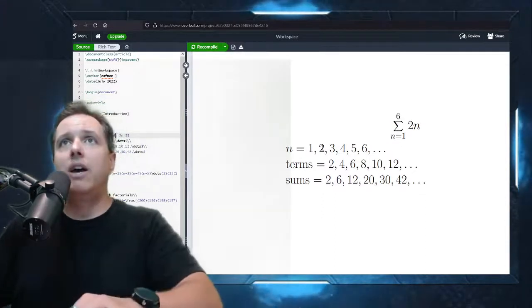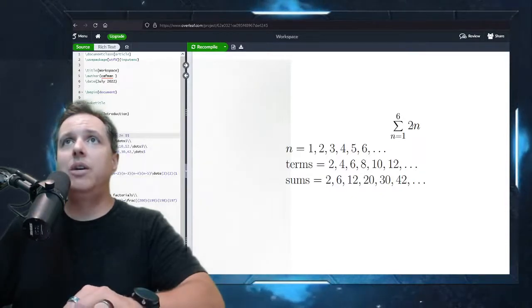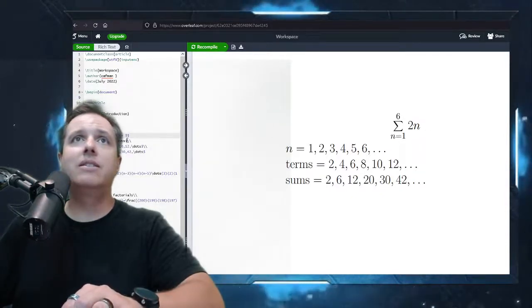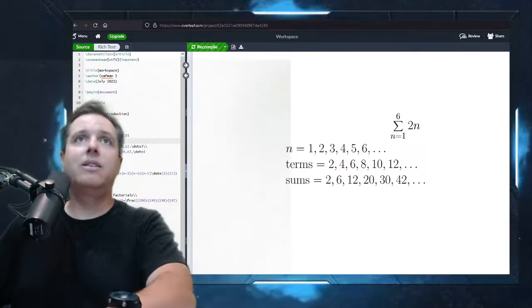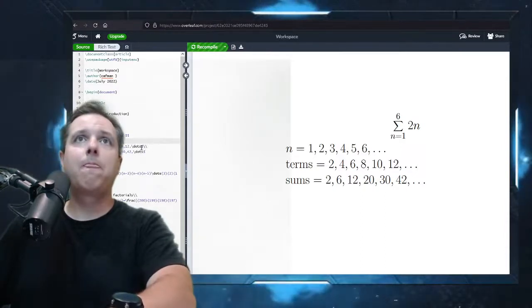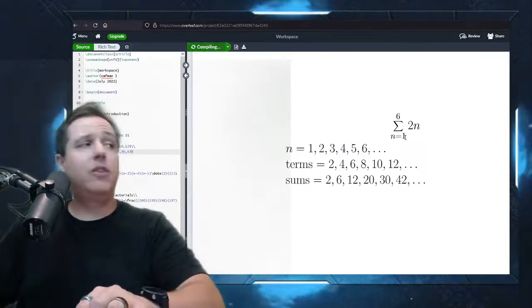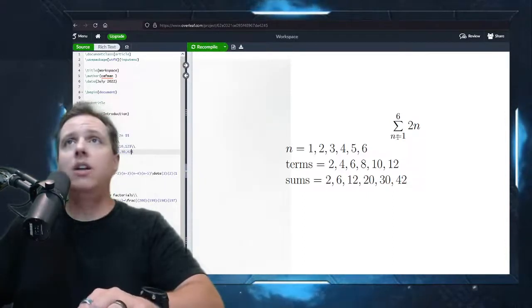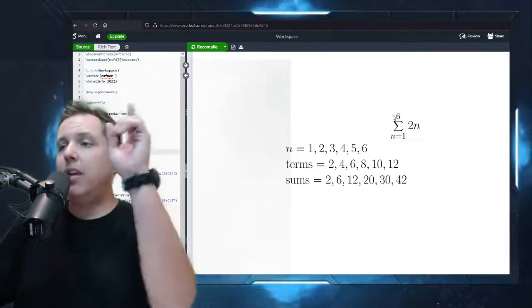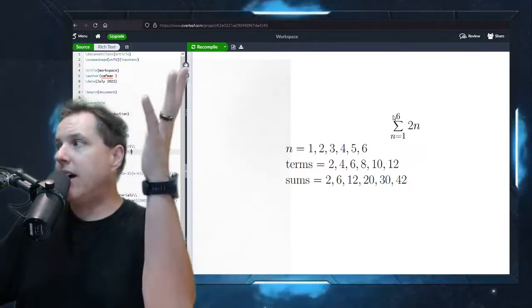So we'd go, okay, I would take the numbers, I would plug them in here one at a time until I got to 6. Let's get rid of the dots. Okay, so this says we're going to start at n equals 1, and the way we're going to stop is when n equals 6, that's our last step.